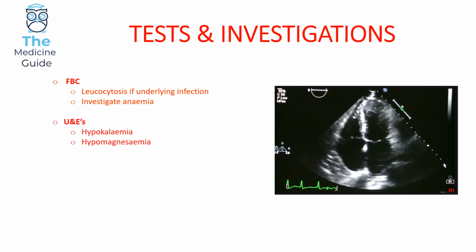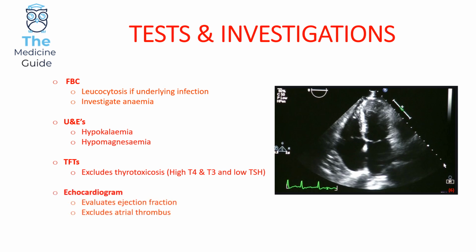Other tests include performing U's and E's to exclude hypokalemia and hypomagnesemia, because again these are risk factors for atrial fibrillation. Thyroid function test to exclude thyrotoxicosis. Thyrotoxicosis will present with elevated levels of thyroid hormones, so high levels of T3 and T4, but low levels of TSH.